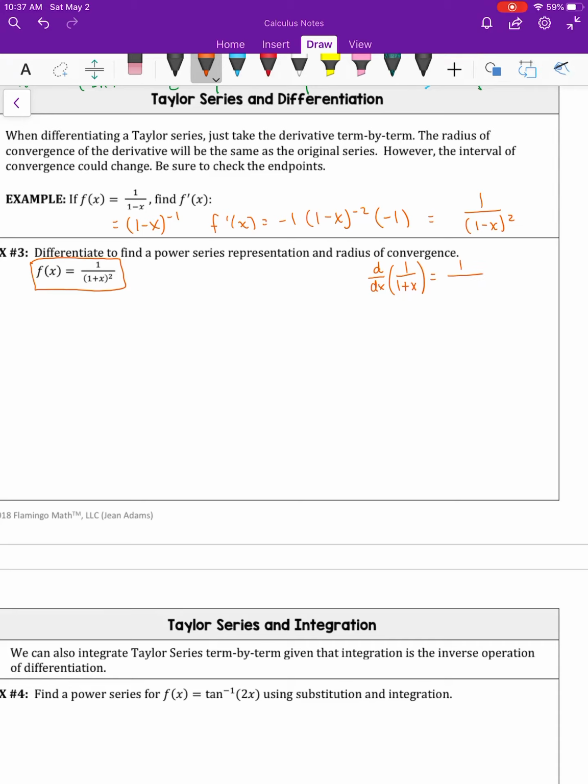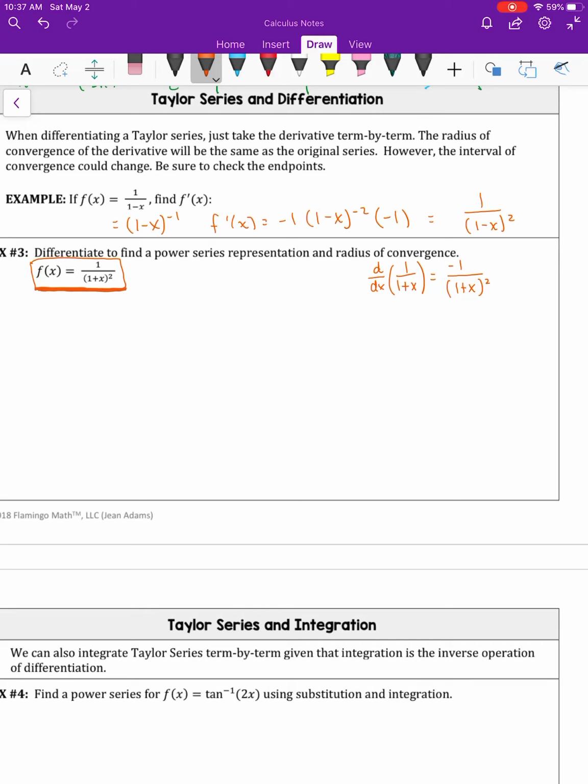So if I took the derivative of 1 over 1 plus x, it's going to be, well, I've got my negative 1 over 1 plus x squared, right? Because it would be 1 plus x to the negative 1 power, and you'd bring the negative 1 down times 1 plus x to the negative 2 times the derivative of 1 plus x, which would just be times 1, so that would keep it negative 1.